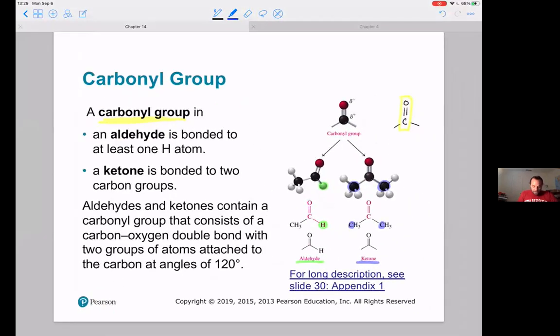This goes back to the bond geometry we were talking about with alkenes, and how those bonds are in a trigonal planar formation. And so the angle between all those bonds is 120 degrees.